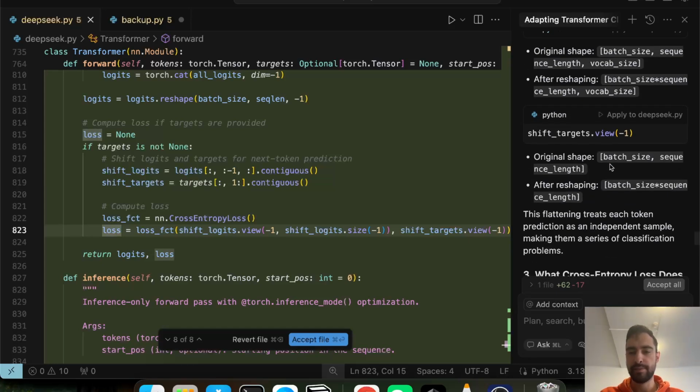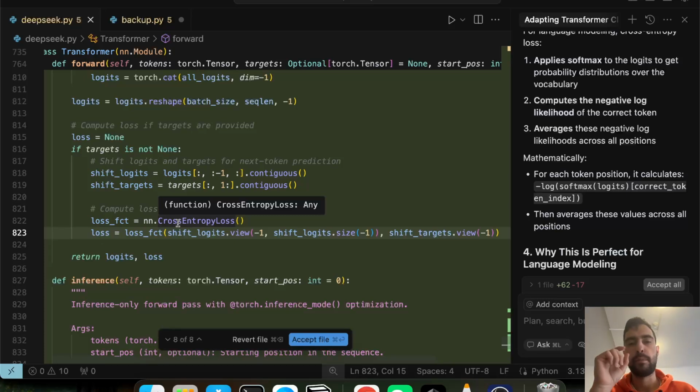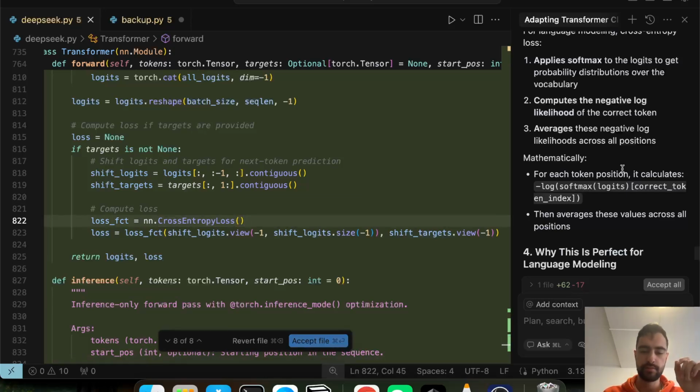And we will do the same for the targets. We will just convert it into an array of tokens. Then this cross entropy loss compares the probability distribution that's generated versus the target one that should exist. So the cross entropy loss is optimizing for generating the correct probability distribution.